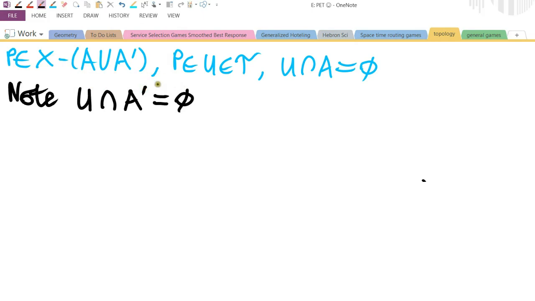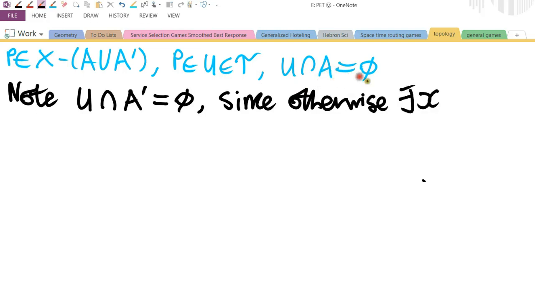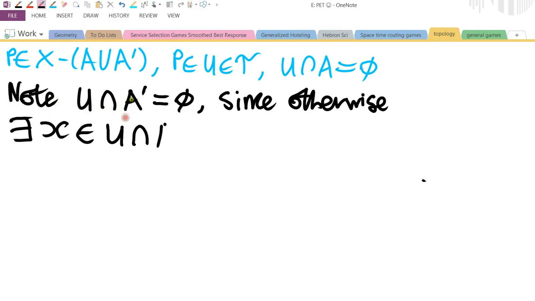Okay, so why is that the case? Well, let's think about what happens otherwise. If that was not the case, of course, there'd have to exist a point which is in the intersection. Obviously there'd have to exist a point X which is in U and A' simultaneously.